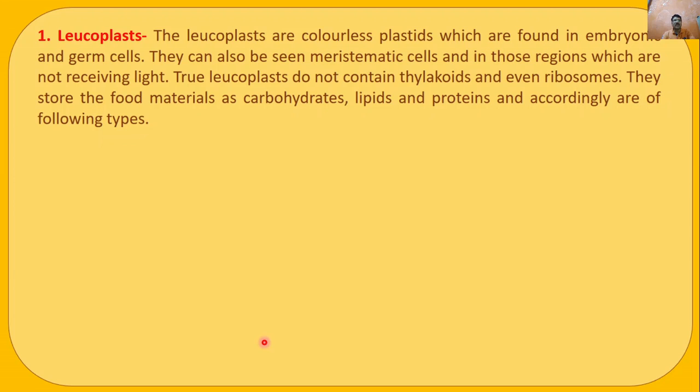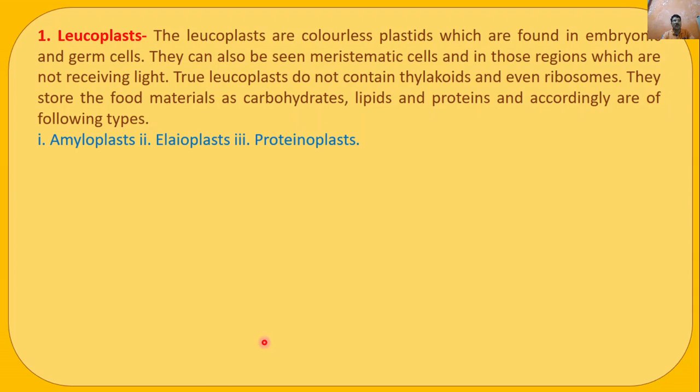The function of these leucoplasts is to store food material in the form of carbohydrates, lipids and proteins, and accordingly they are of different types. On the basis of the food material stored by leucoplasts, they are subdivided into different types. First is amyloplast, second is elaioplast, and next is proteinoplast.